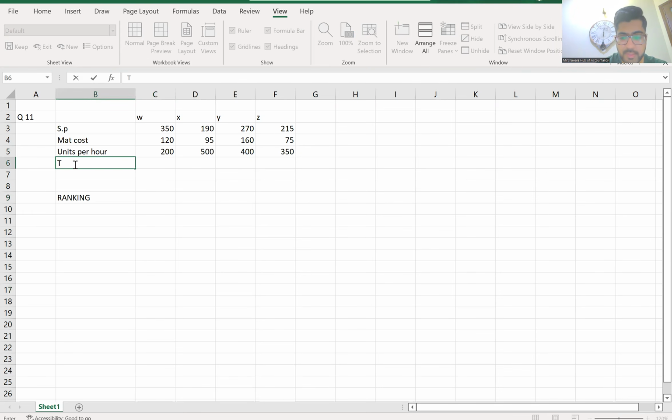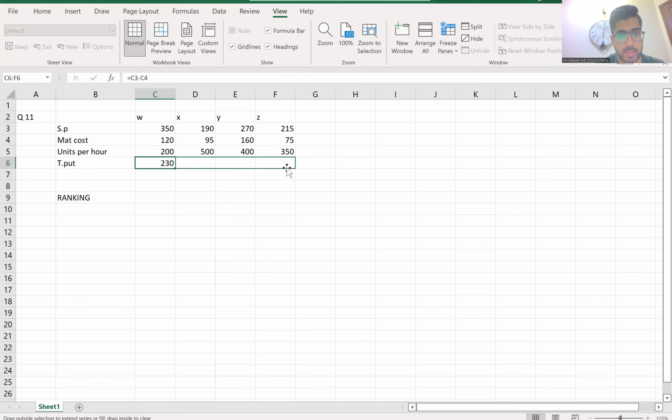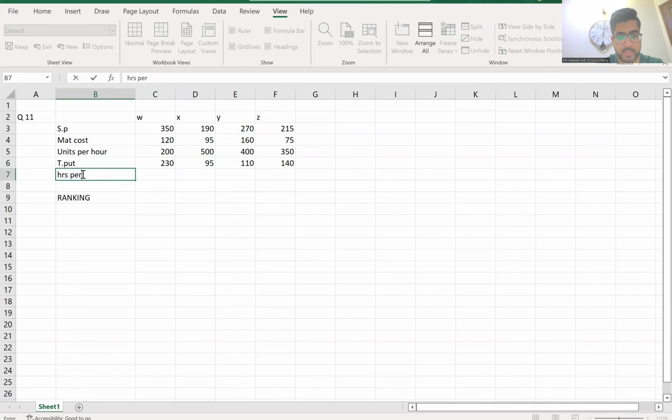So we need to find the throughput. Selling price less material cost: it's 350 less 120, so C3 minus C4. That gives the throughput of each product. And then hours per unit.